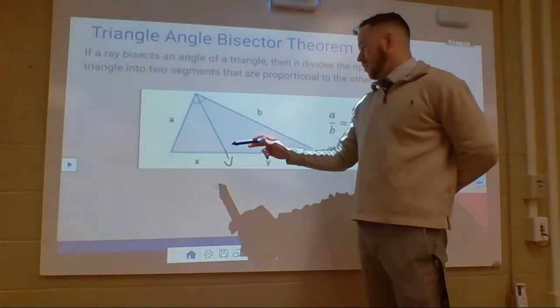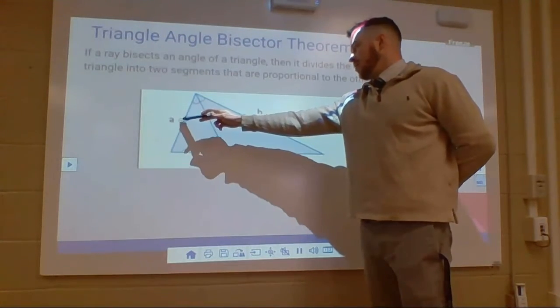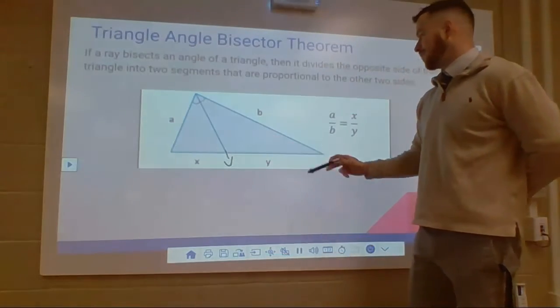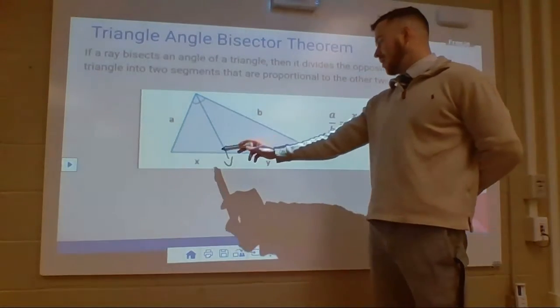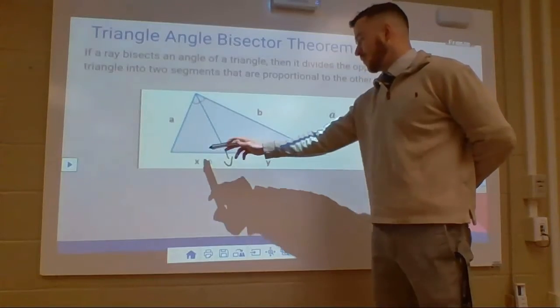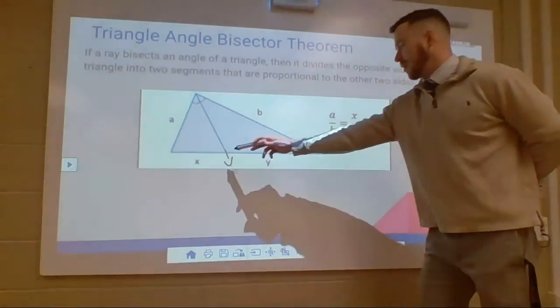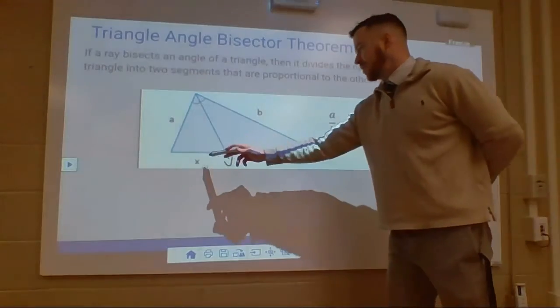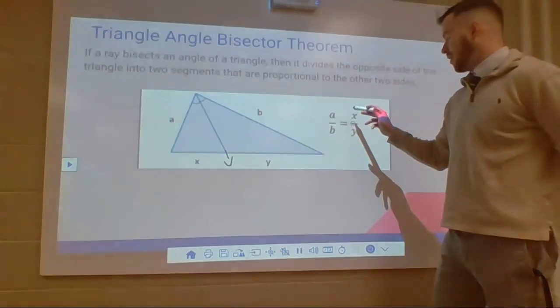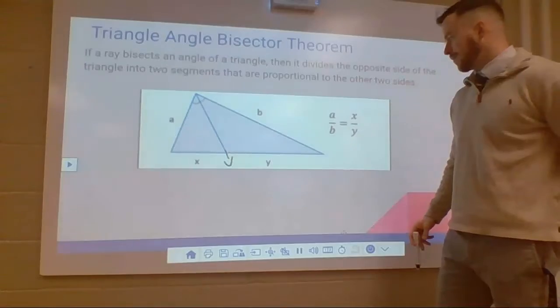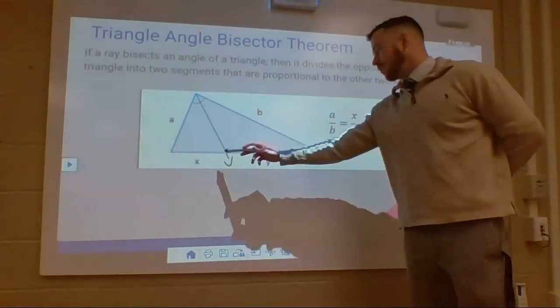So we got A over B right here equals X over Y. So you can see that the two parts that have been divided, they're in the same ratio. We have X over Y here. Well, we see that A is going to match up with X here, and B matches up with Y here. Okay, so the sides have been divided.